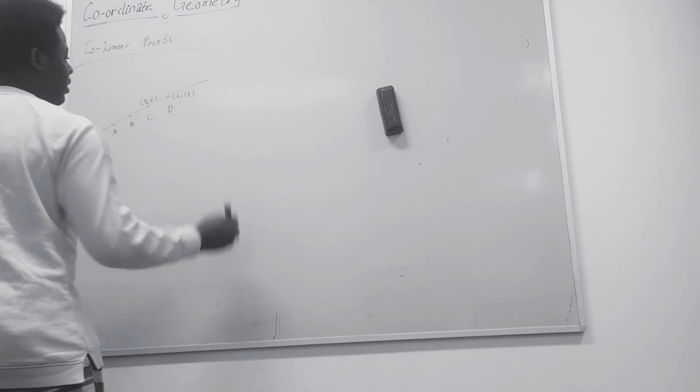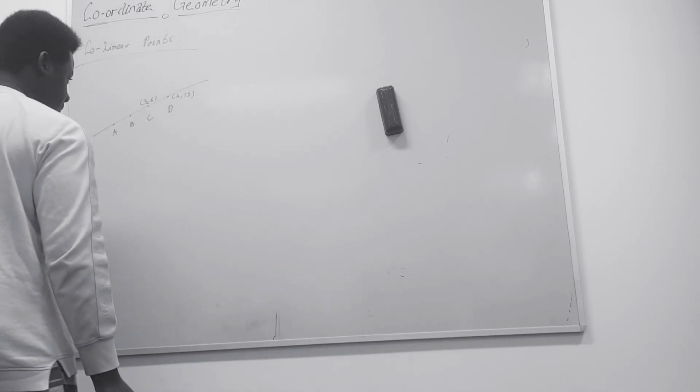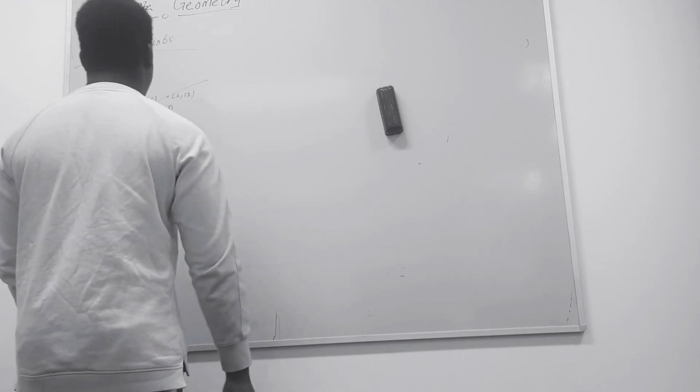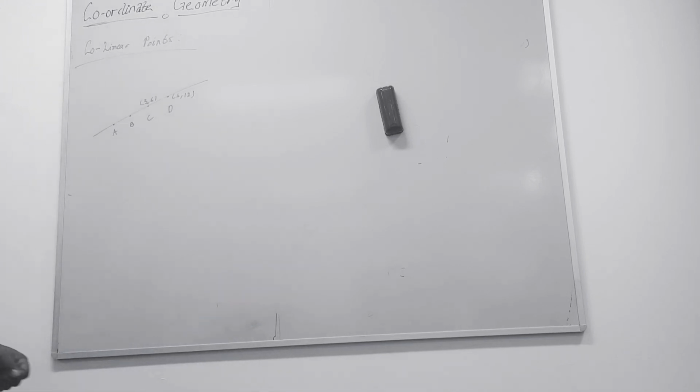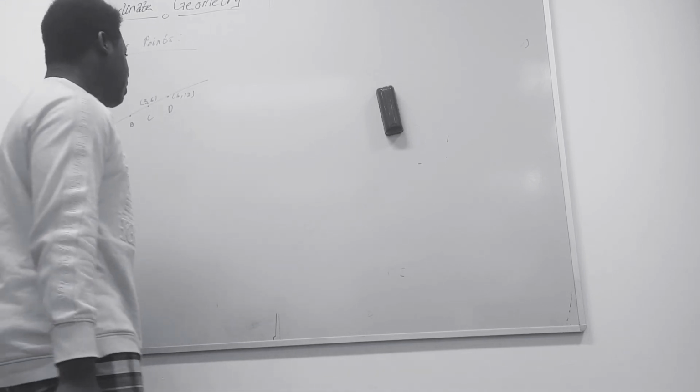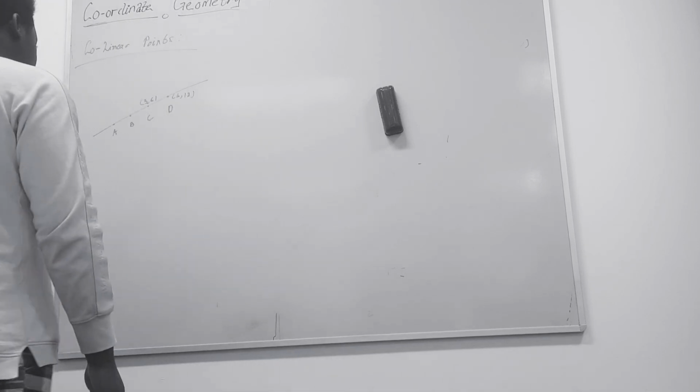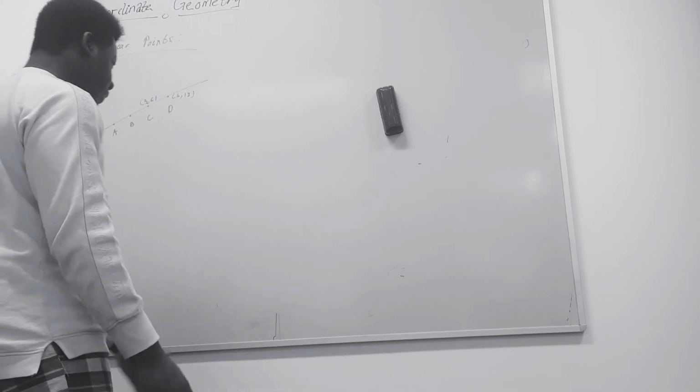Now, from these 2 points, we can determine the slope of the line. The slope of the line is delta y divided by delta x. So delta y is 6, delta x is 1. Or, you know what we could do? Let's talk about it in terms of vectors.